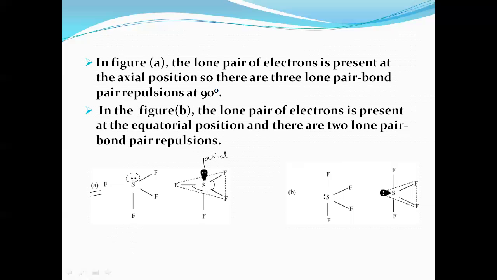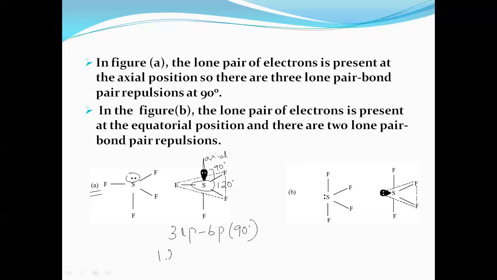I forgot to tell you this. The angle between these 3 fluorines, which are arranged in a triangular manner in this particular plane, is 120 degrees, and the angle between the axial and the equatorial is 90 degrees. So if the lone pair is placed in this axial position, then it will face 3 lone pair bond pair repulsions at 90 degrees.